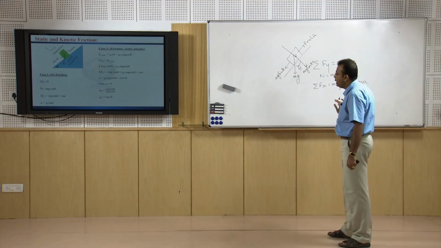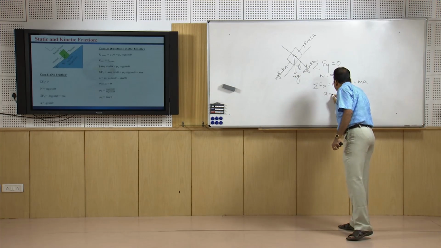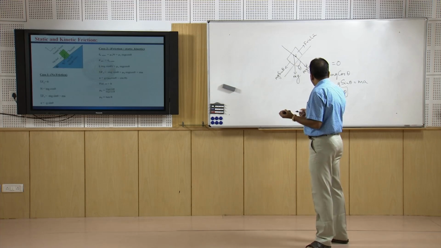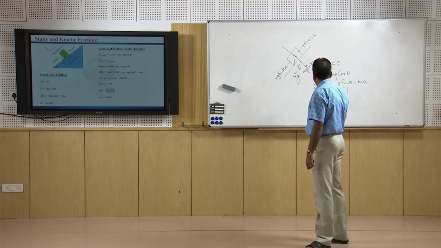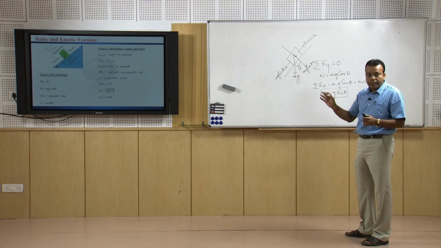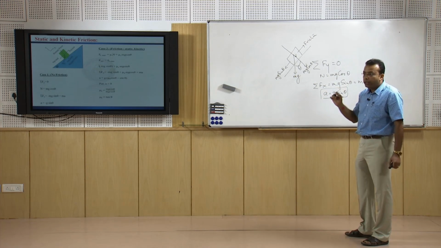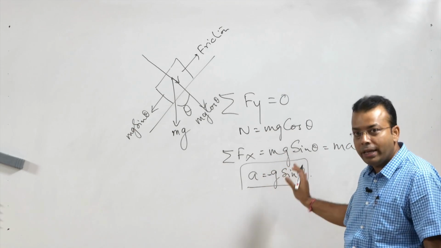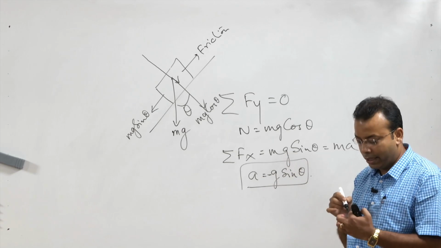So, from calculating these equations we will get the acceleration is g sin theta. But there is one small problem, because this will be in the opposite direction, so it should be the negative value. So, the final equation will be a is equal to minus g sin theta.